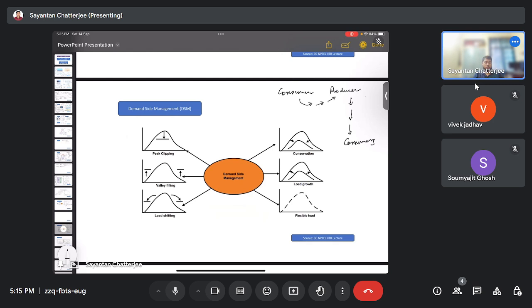So one problem or one easy aspect is to convince the customers or consumers to take part in this demand response program. So what's the aim of the producer? The aim of the producers or the generating people is to earn profit.